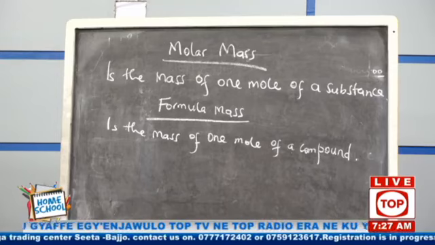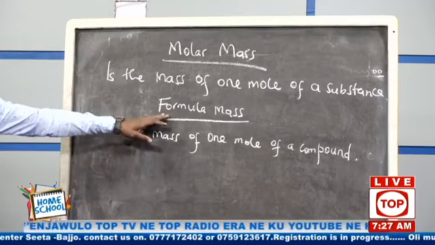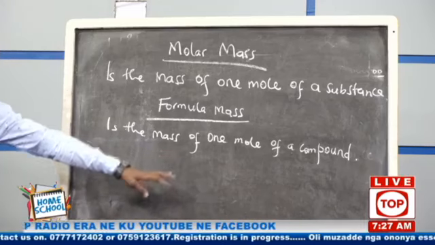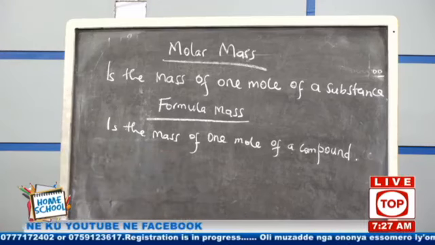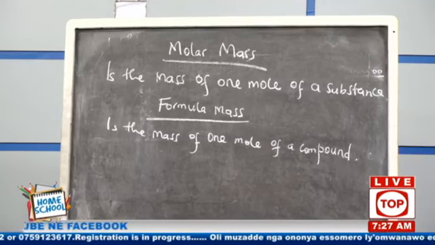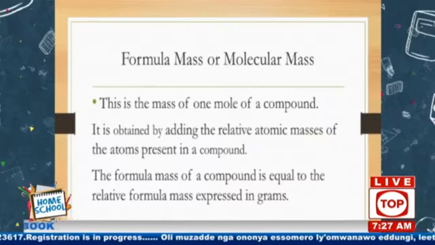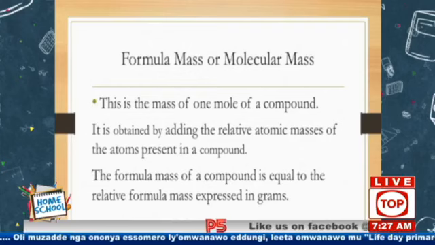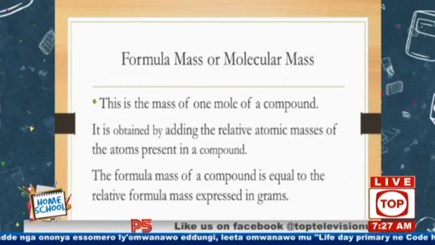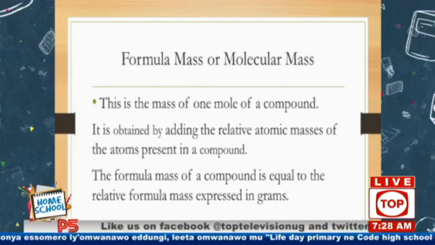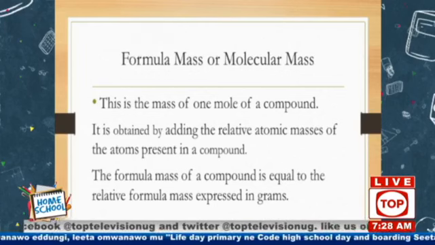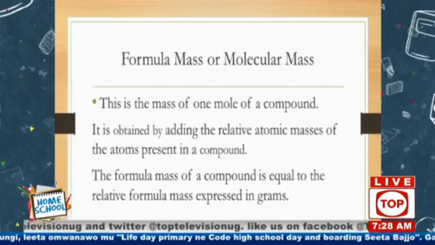So when you go to formula mass and the mass of 1 mole of a compound, we have to define a compound. A compound is a mixture of 2 or more substances chemically combined. So here it is only 1 substance. Because it is a substance, meaning 1. But here a compound, meaning that they might be 2 or 3, but they are chemically combined.